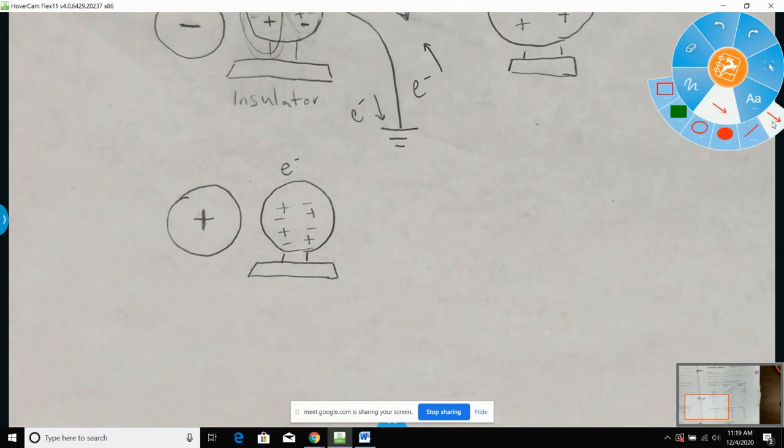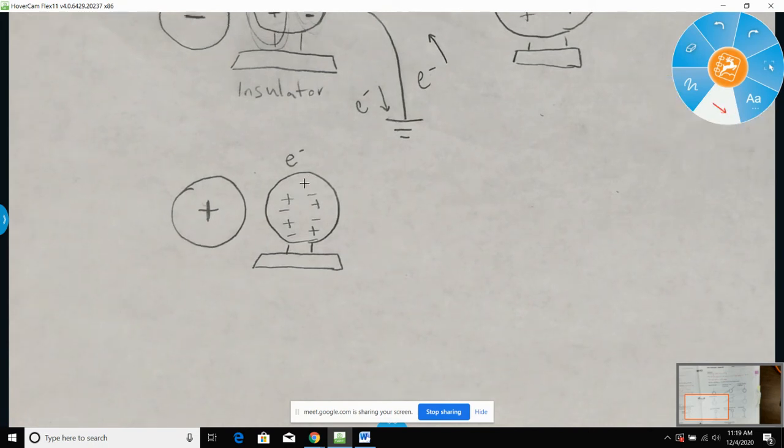Are they going to completely jump and move over here? Can they do that without coming in contact? No. They would need a tremendous imbalance, but right now this thing's neutral.